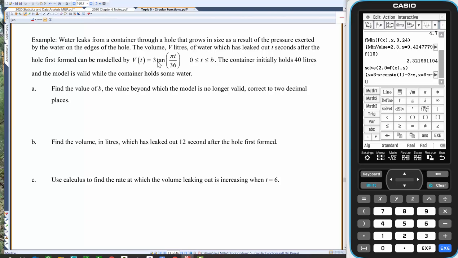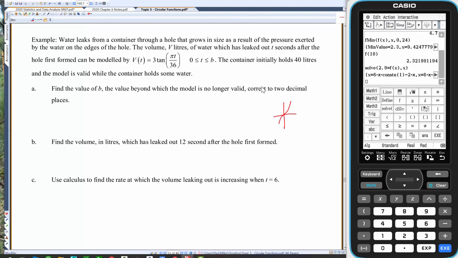Okay, so this is a tan function. 3 tan. Okay, so the way we're going to think about this one is the basic tan function will kind of go like that.